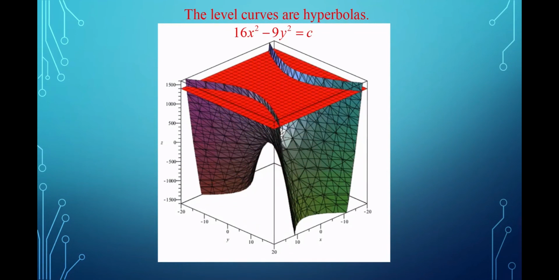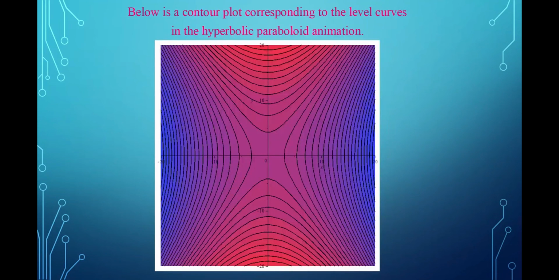Kind of cute. And now we'll conclude here with a contour plot corresponding to the level curves of the hyperbolic paraboloid we've been looking at. You can see all these curves here, like this one goes with that one, a hyperbola. This one goes with that one, another hyperbola.